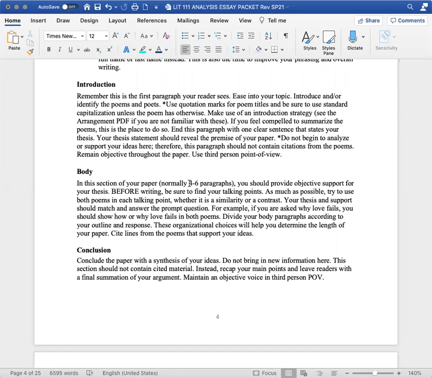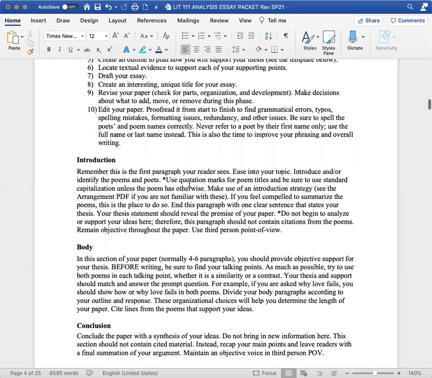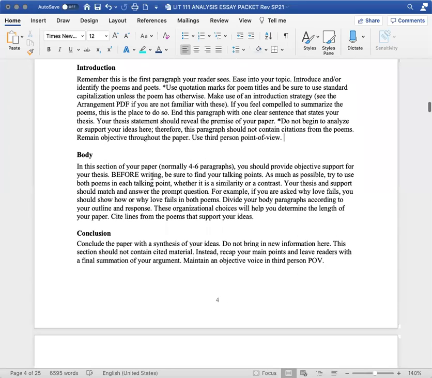You should provide objective support for your thesis. So this is why, beforehand, if you're following my steps and creating that outline, you'll be fine. Find those talking points. Let those talking points drive where those paragraphs get broken and how you transition, what your topic sentences say and what transition words you use.